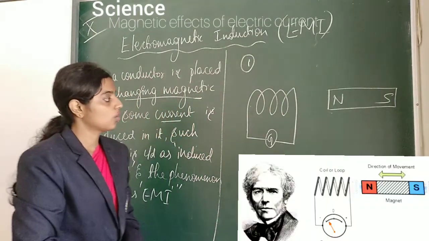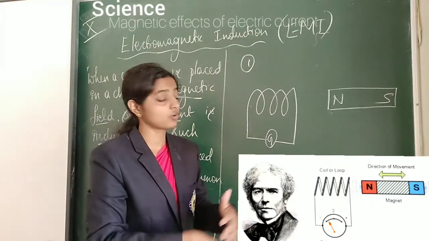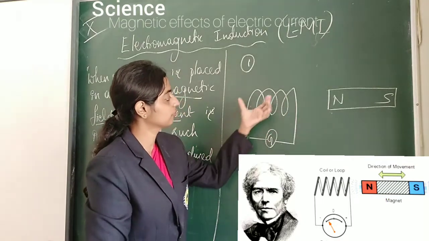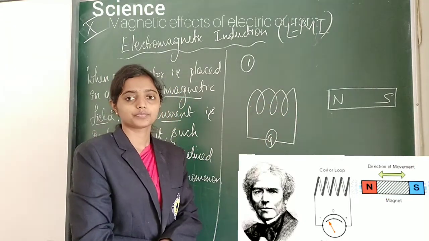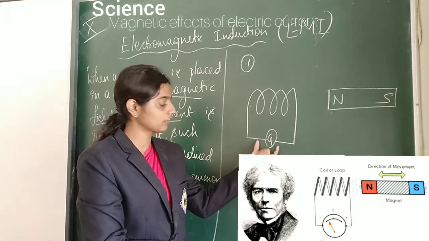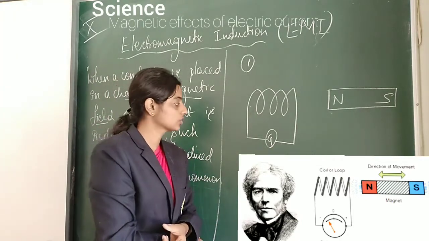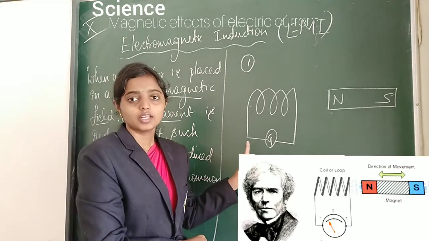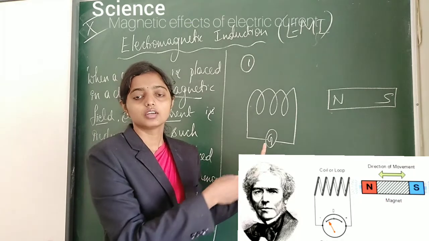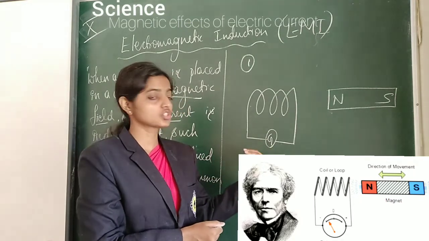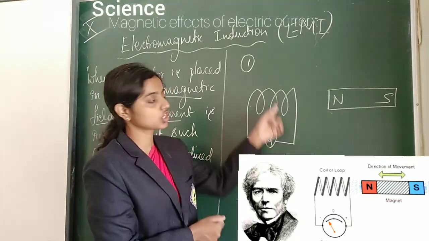Now all he was expecting is there should be a current flowing in this coil. But remember, here we don't have any battery or a plug key. We have only a galvanometer which shows the presence of current. We don't have a battery, and we know that without a battery we won't get any electricity. But he was expecting the presence of electric current in this coil.